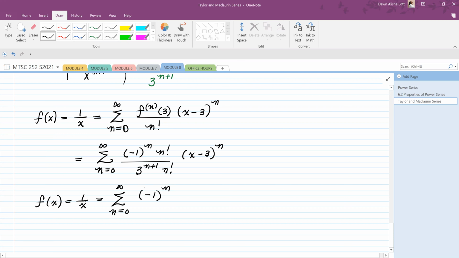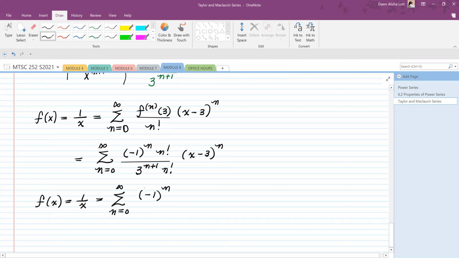And I could write that the sum n equals 0 to infinity of... now I'm going to leave it like that. We can determine where it converges actually very easily. Okay, you can determine the interval of convergence of this.